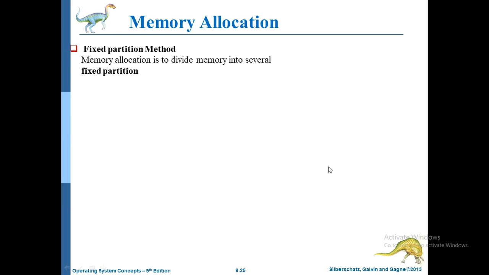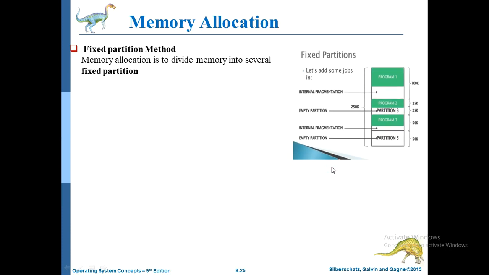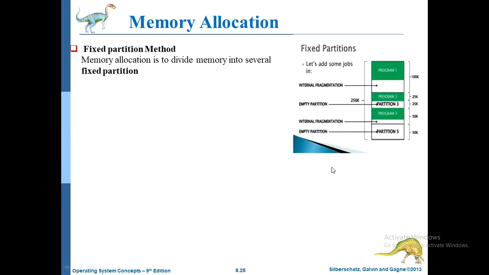One of the simplest methods is the fixed partition method. In the fixed partition method, we divide the memory into several fixed partitions. Take this example. Here we have 5 partitions in this main memory.